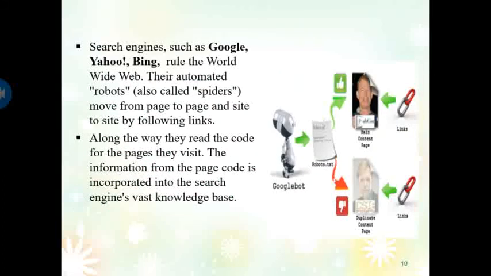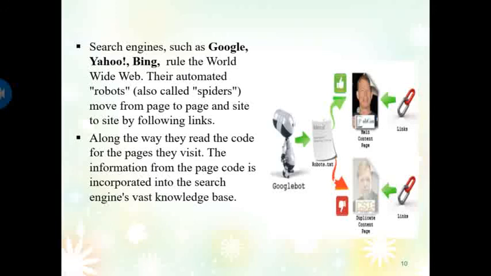Now I have taken an example. Different types of search engines are available like Google, Yahoo, Bing. They make use of the www. Their automated spiders move from page to page and site to site.